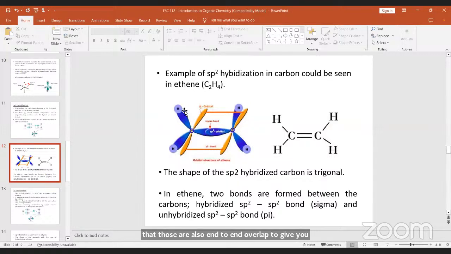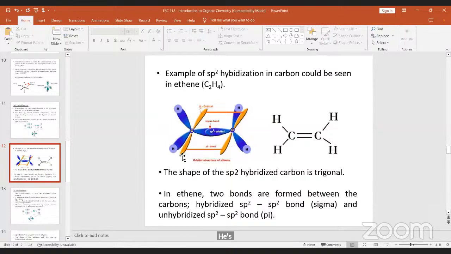The same thing can repeat itself here. But look at this. This unhybridized orbital in one carbon can also overlap with the unhybridized orbital in the second carbon. But this overlap is called a side-by-side overlap.